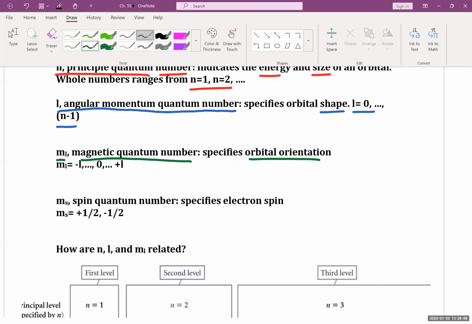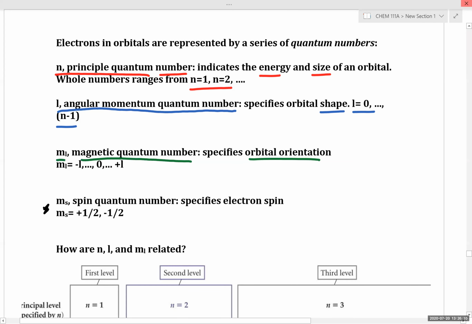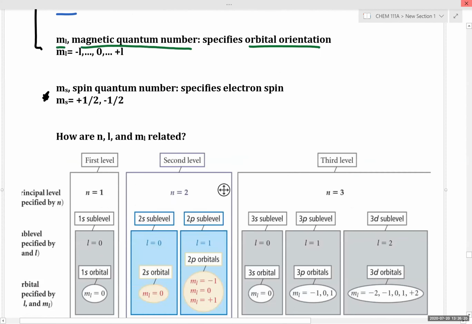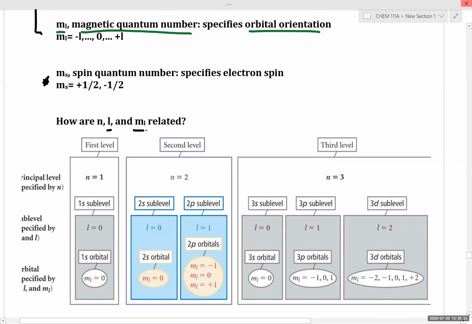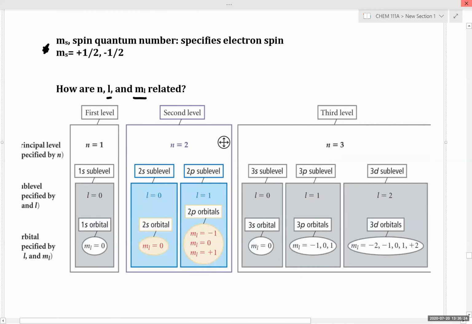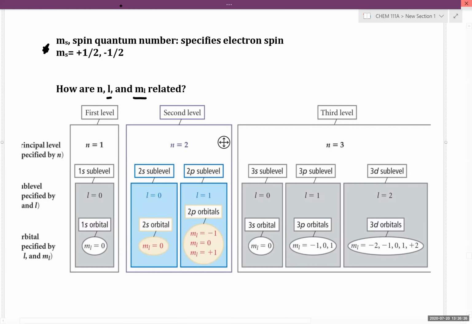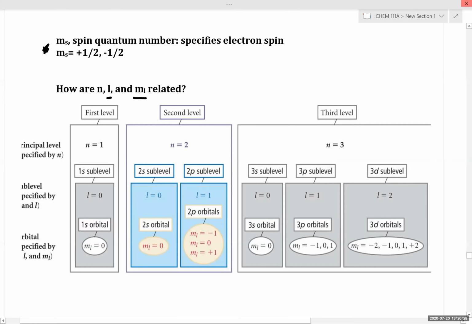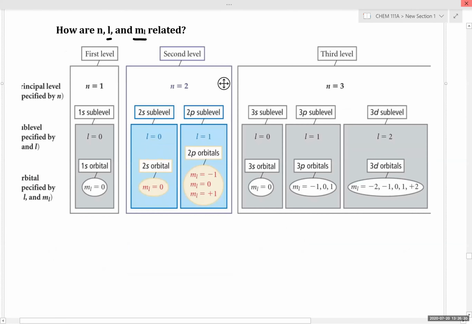The spin quantum number we'll leave for a later discussion, but let's now talk about how these 3 quantum numbers are related to each other. So how are n, L, and ML related? We can think first and foremost of sorting each of our orbital sets into shells.